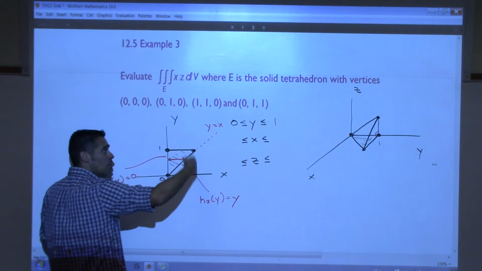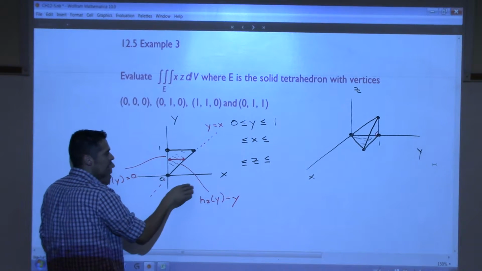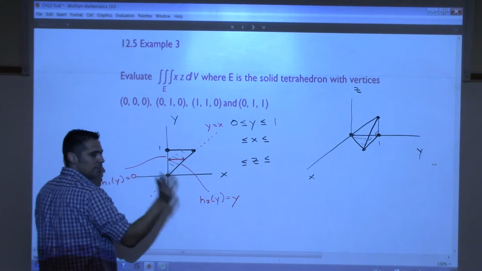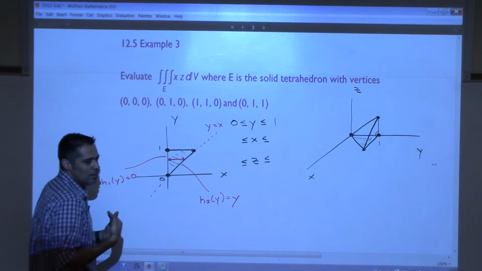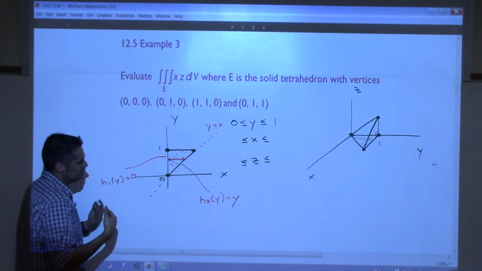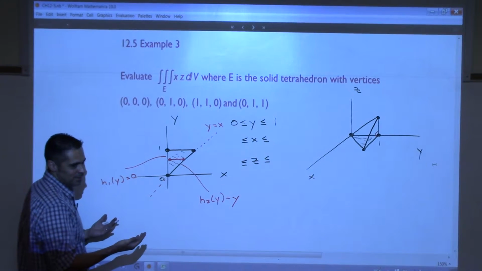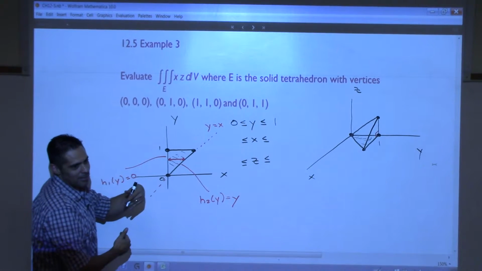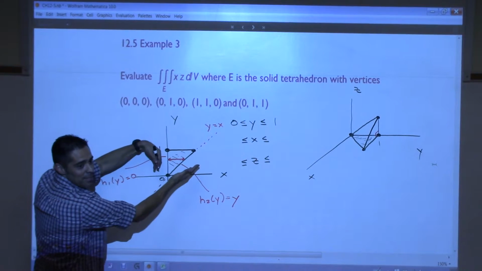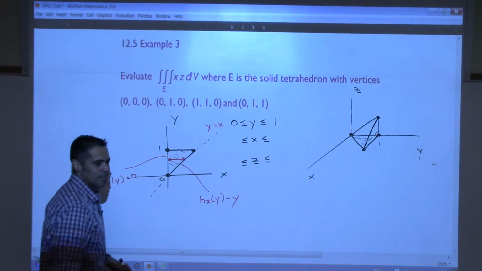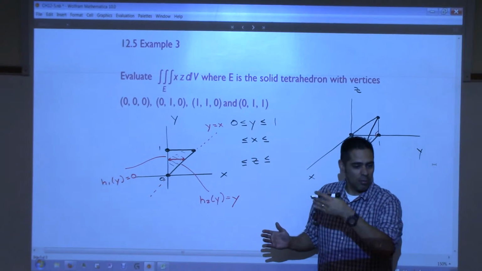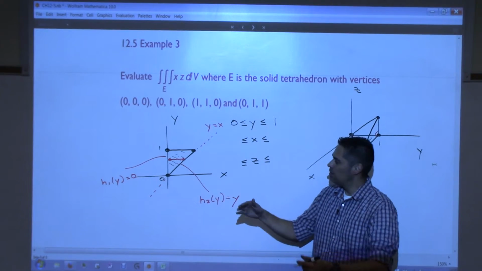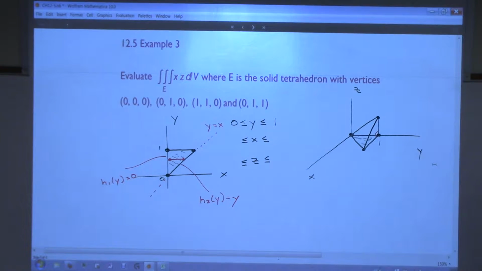If you're going this way, you're going top and bottom, and when you're going this way, it's right and left. If that's the way you know it, stick with that. The way I look at it is by just turning my head to the side. I'm just saying this is the bottom, that's the top now. So this is the lower one, that's the upper one. I would say left to right, because I always start with the smaller and go to the bigger. But I don't want to confuse you. Stick with what you know.